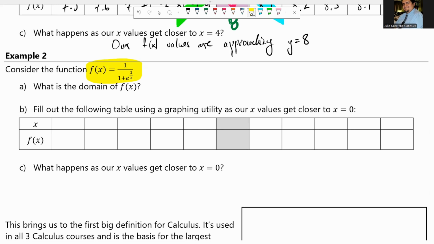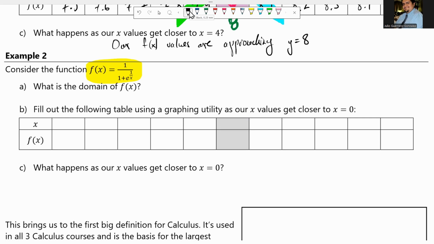What I do want to concentrate on right now is the domain. Again, the domain is all possible values that we can plug in. We have a division there, that 1 over x, that's an exponent to the e.